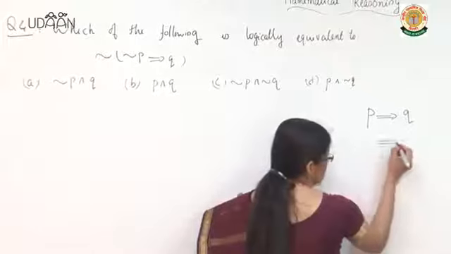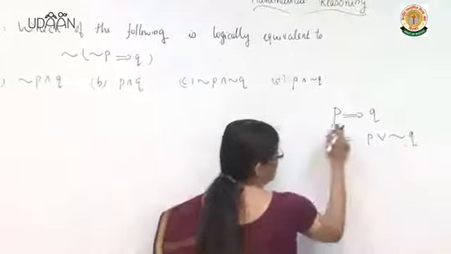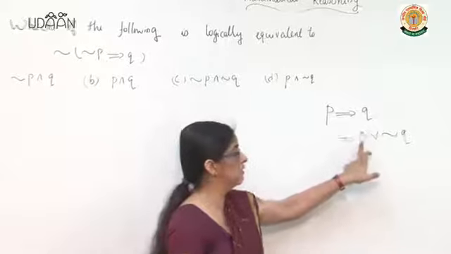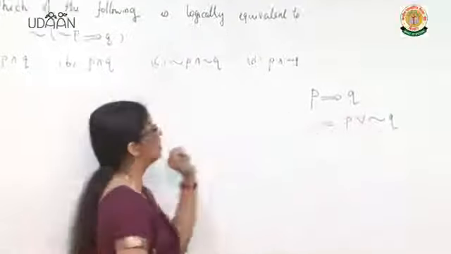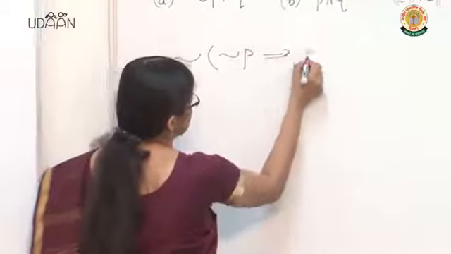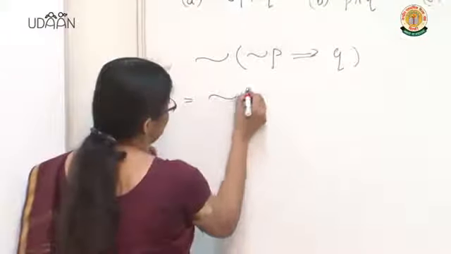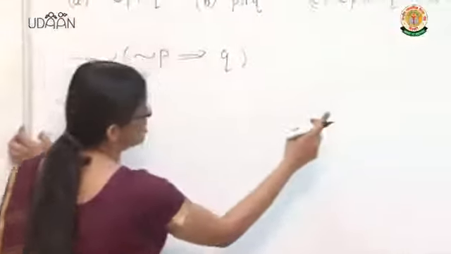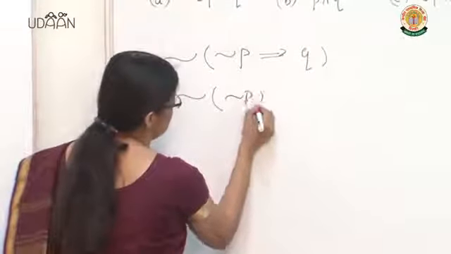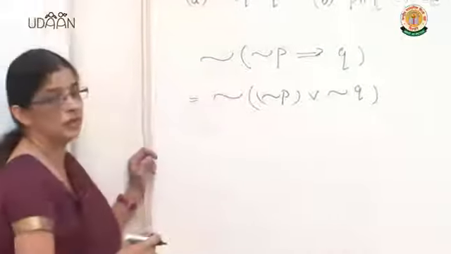This is logically equivalent to P or negation of Q. We have seen that the conditional statement P implies Q is the same as P or negation of Q. The statement given is negation of P implies Q. Let's apply that, which is equal to negation of P or negation of Q by applying that formula.